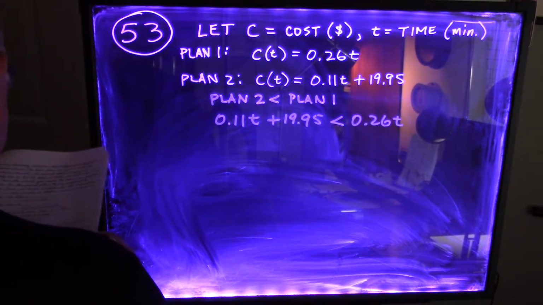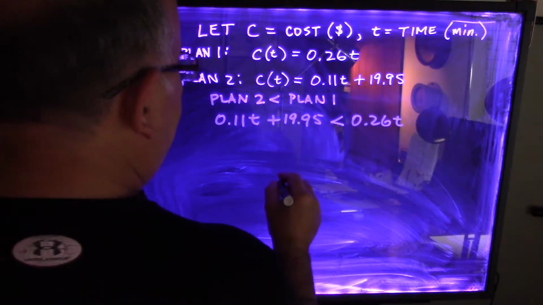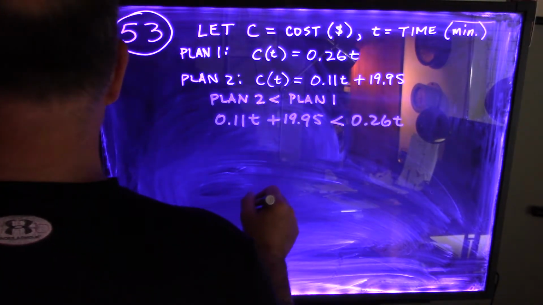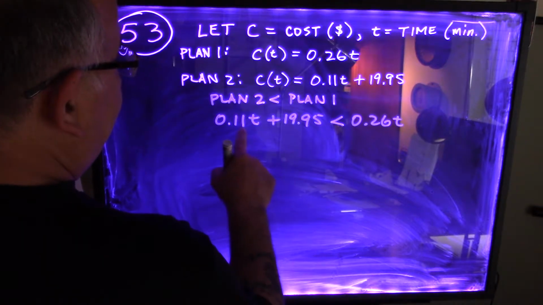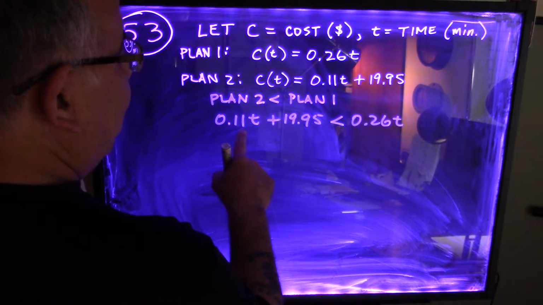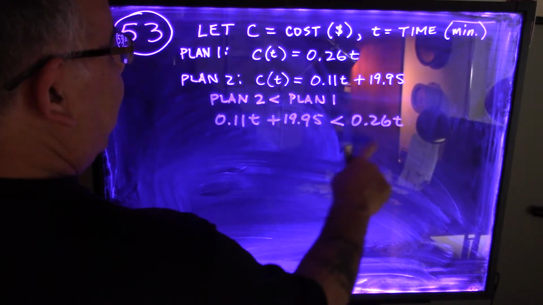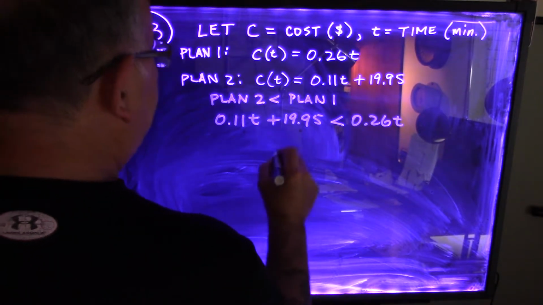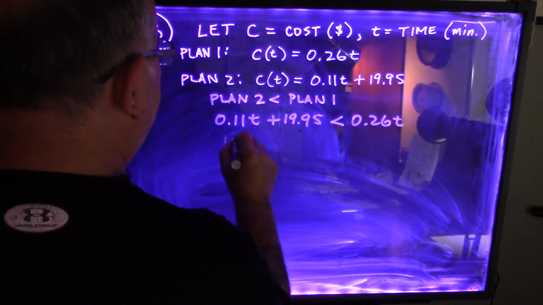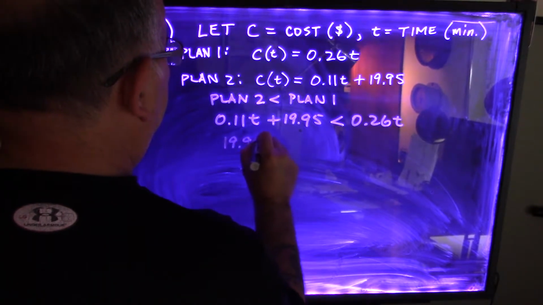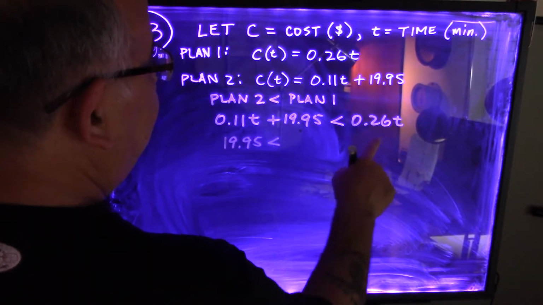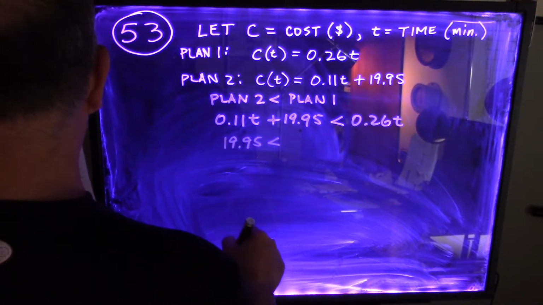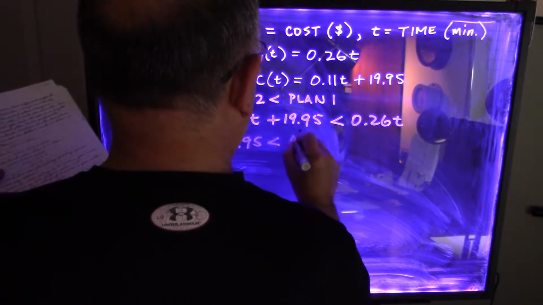All right, so now you just solve this just like any other inequality. You can subtract 0.11t from both sides, or move it to that side and change the sign, and then just leave the $19.95 on the left side, so you get $19.95 is less than, and 0.26 minus 0.11 is 0.15t.